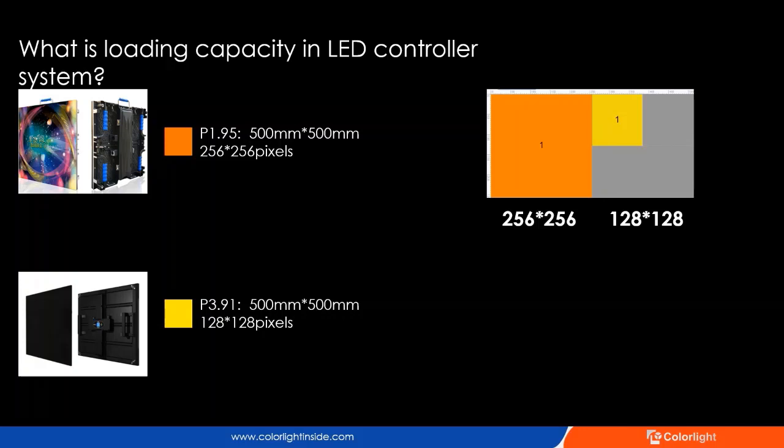They are all 500 by 500. When we do the mapping on the software, as the picture on your right hand, we just follow the resolution of the cabinet, not the physical size. So for the control system, dimension is not a factor to consider and won't affect the loading capacity. We only focus on the pixels.